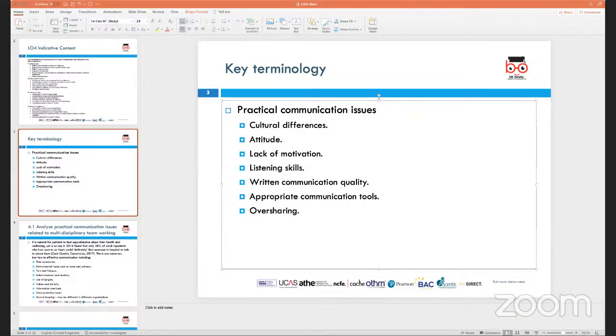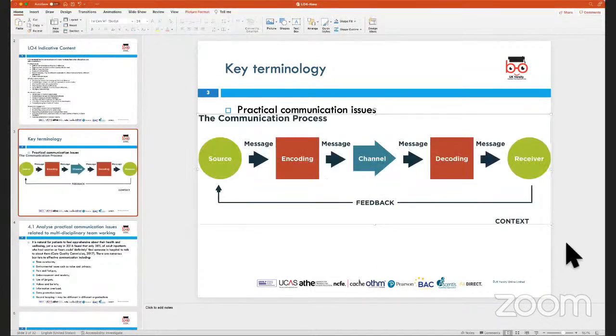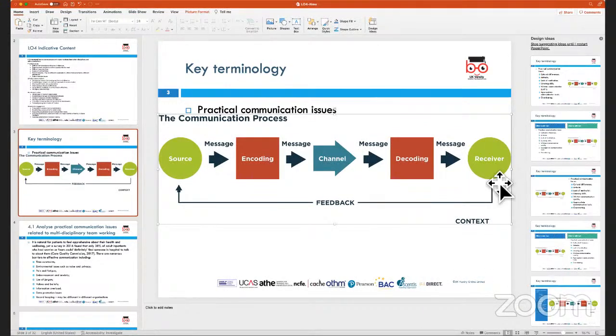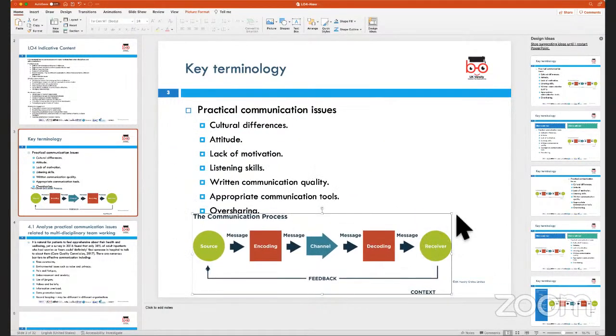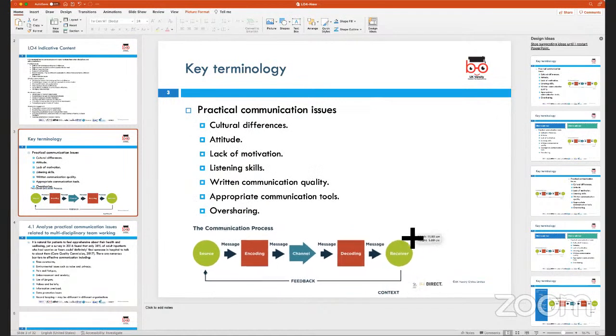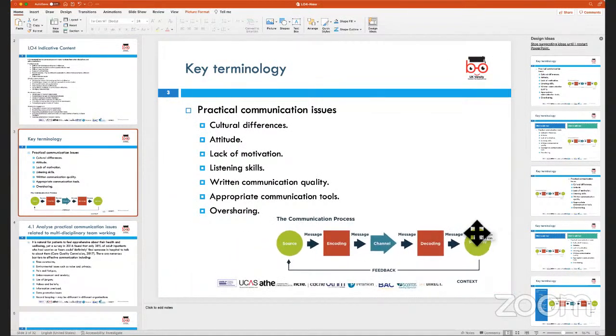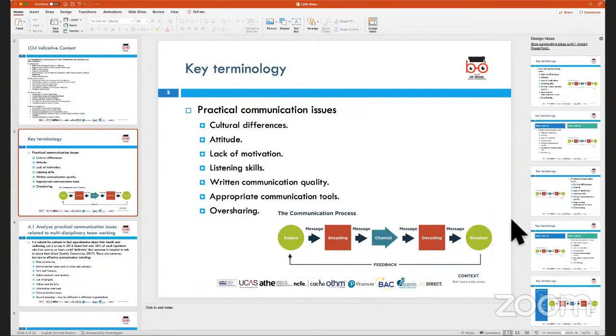So when we look at communication in general as a process, just for the context of understanding, it is a process in which the source, which is the sender, is actually sending the message. And if you break it down further, it could be things like the message being encoded, if you're using a telephone or a technological equipment like a PC to send an email.